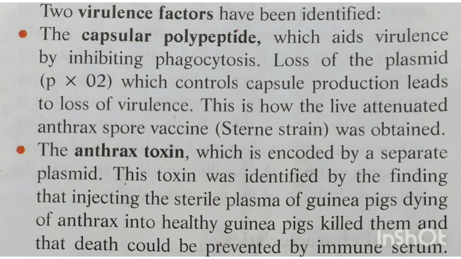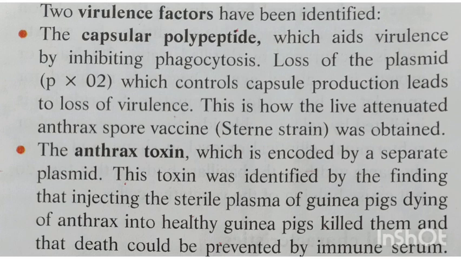Loss of this plasmid, which controls capsule production, leads to loss of virulence. That is, the organism becomes non-pathogenic when the plasmid is removed, because this plasmid carries the genes encoding capsule formation.